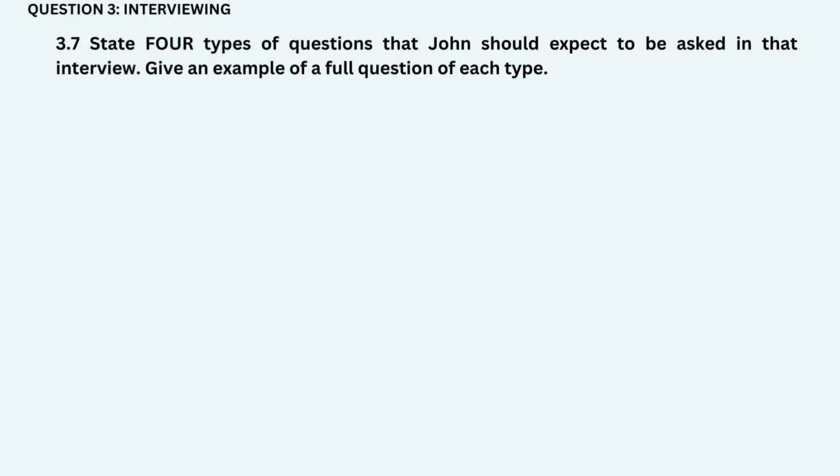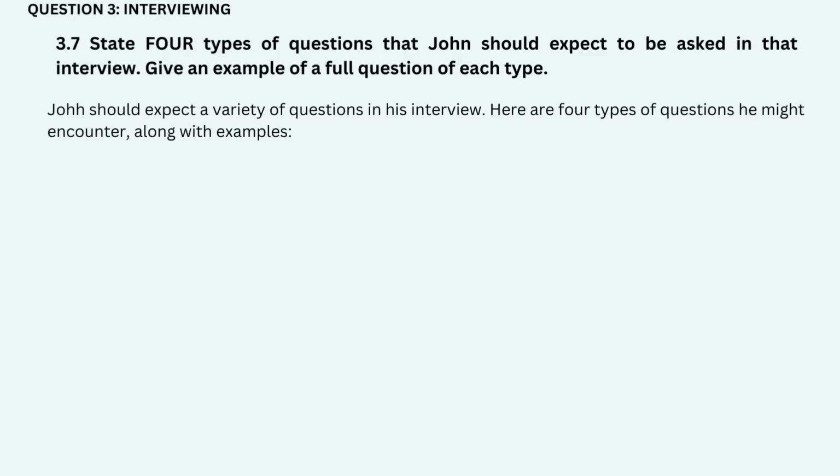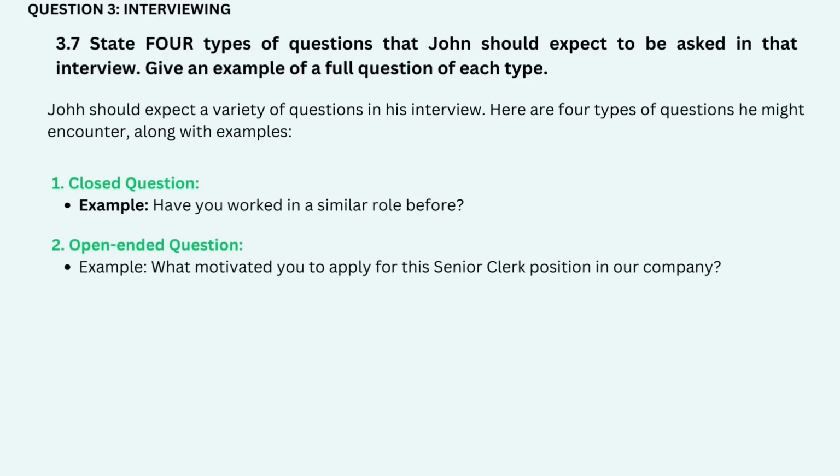Question. State 4 types of questions that John should expect to be asked in that interview. Give an example of a full question of each type. John should expect a variety of questions in his interview. Here are 4 types of questions he might encounter, along with examples. 1. Closed question. Example: have you worked in a similar role before? 2. Open-ended question.